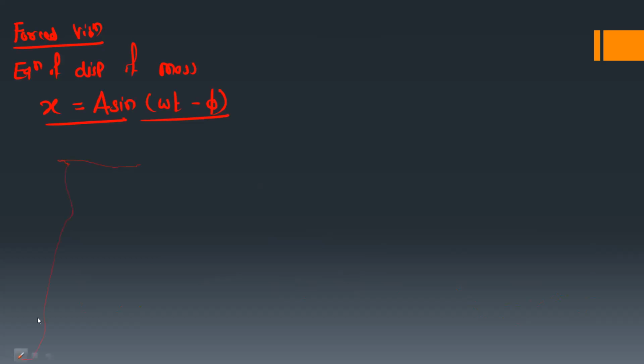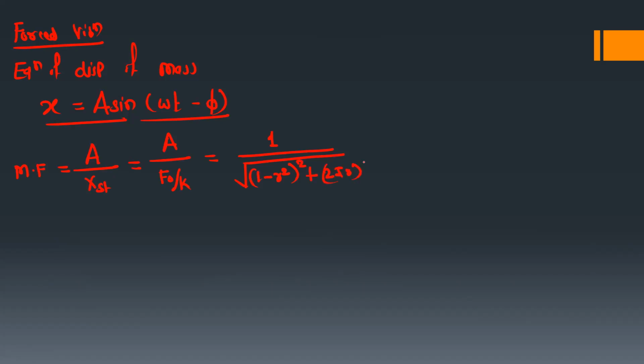That magnification factor is basically the ratio of the amplitude of the vibration to the static deformation. So the magnification factor is equal to A upon X static, where X static is F0 upon K. This is equal to 1 upon the square root of [(1 minus R squared) whole squared plus (2 zeta R) whole squared].